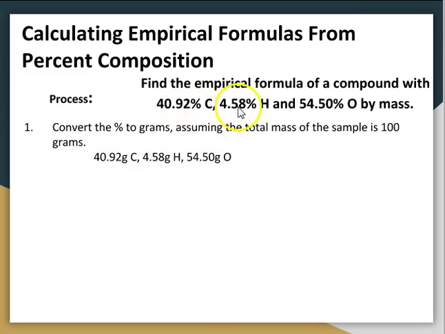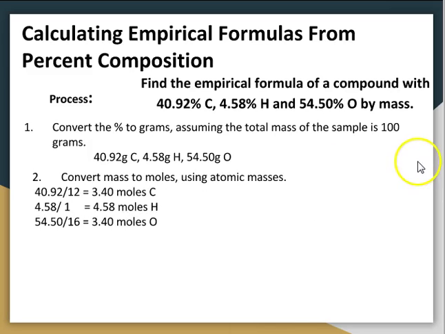So let's just convert these right into grams. Rewrite them as grams, convert them to moles, that's dimensional analysis right there, divide by their molar masses. And so we have 3.5 moles of carbon, 4.5 moles of hydrogen, a little bit less than 3.5 moles of oxygen, right? So these are our ratios of moles.